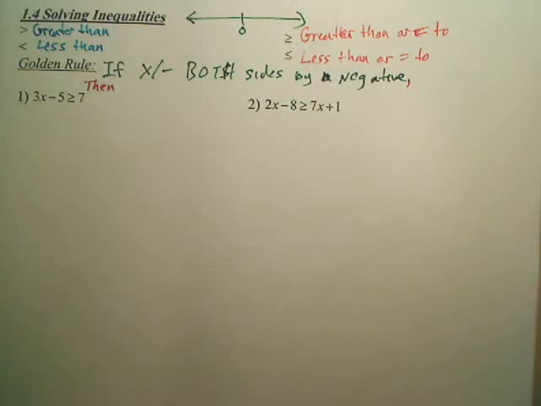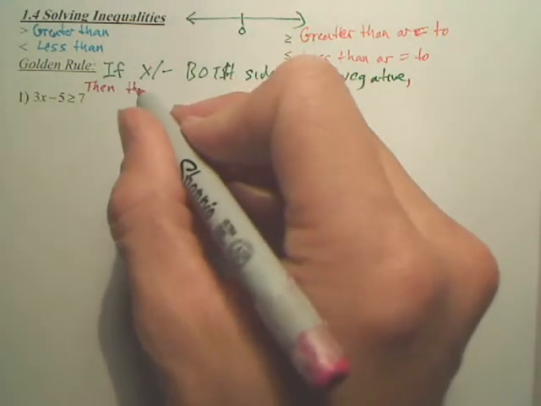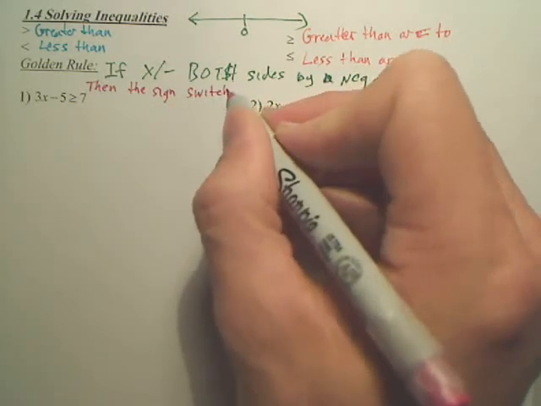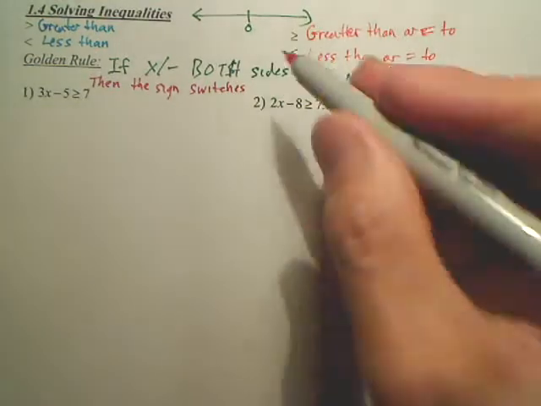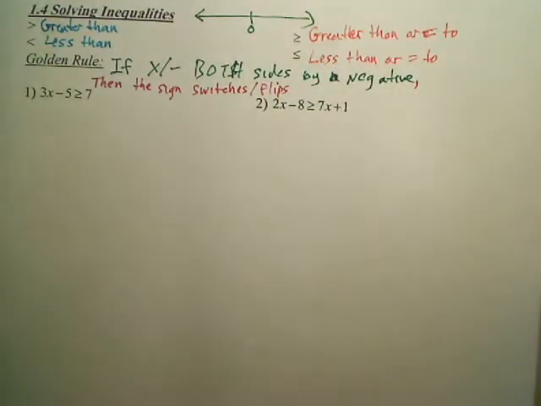If when you're solving, you multiply or divide both sides by a negative, what happens? Yes, then the sign switches, or some people say flips. Flips, switches, however you want to say it. So if when you're solving you multiply both sides by a negative, the sign flips. It's a very important thing to keep track of. So that means it doesn't always, but sometimes it will.